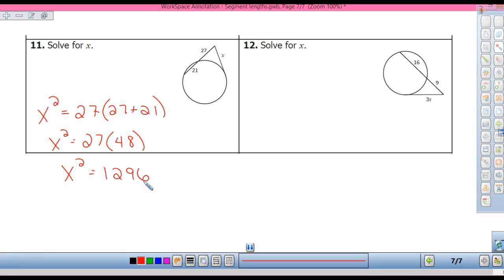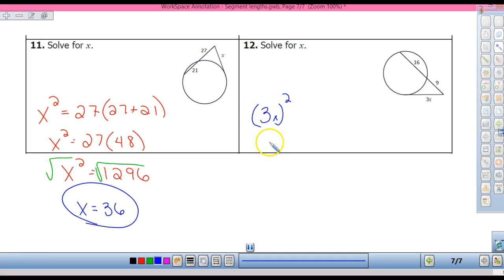How do I get x by itself? Square root it. So square root of both sides. X equals 36. On this one, if I were to square 3x, 3x squared gives me 9x squared. Right? 3x times 3x. All right.